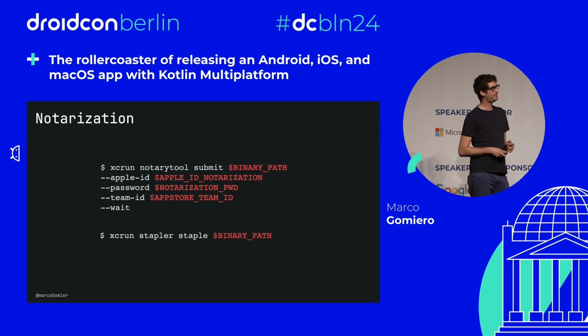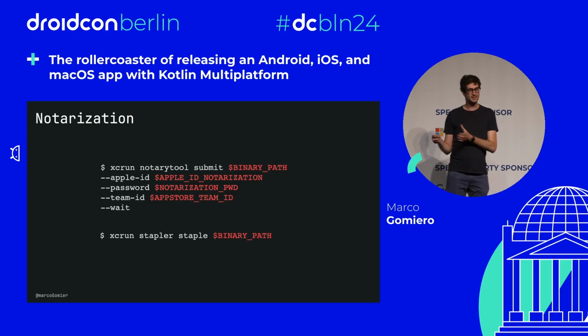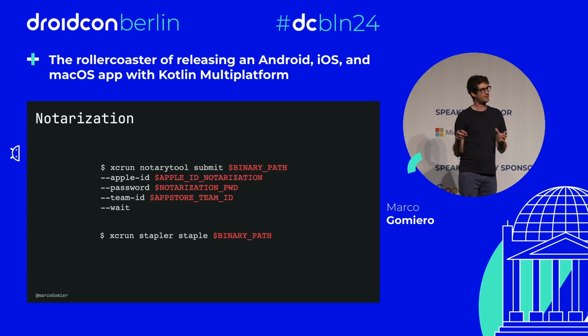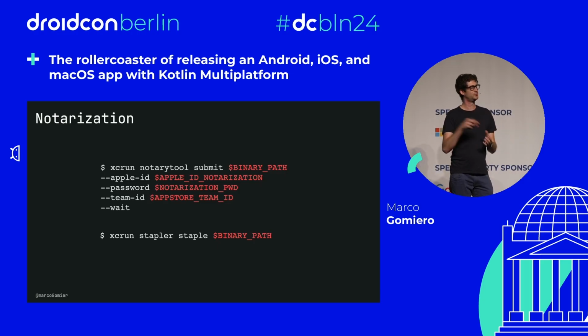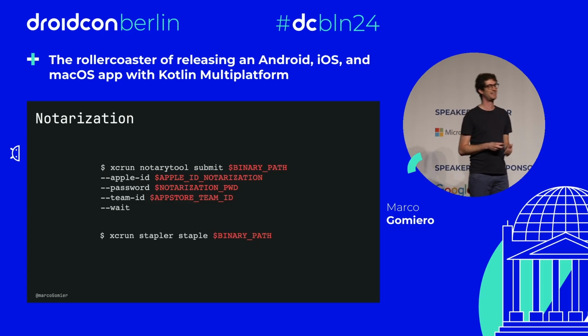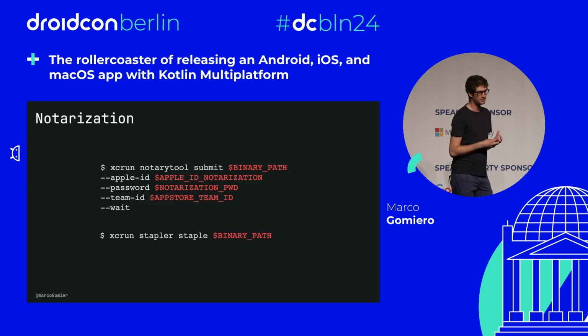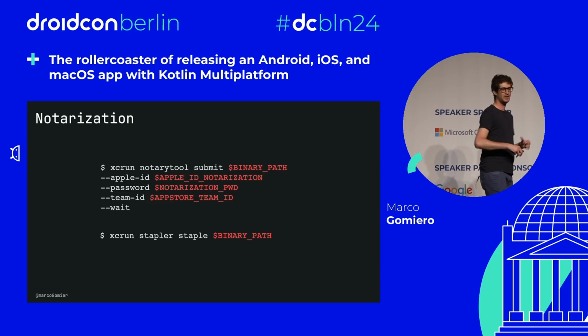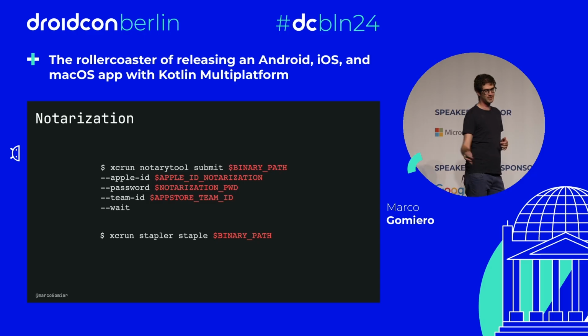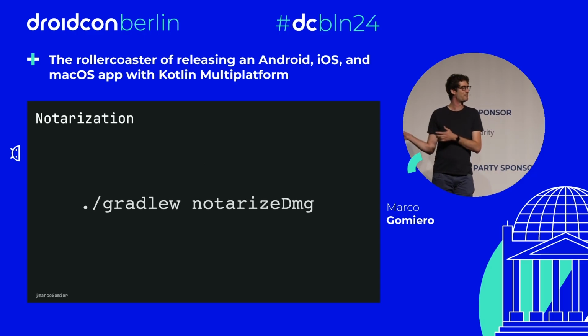After the notarization is done, you have to attach the result to the binary, so you're stapling the ticket that Apple gave you, so that the binary contains the information about it.